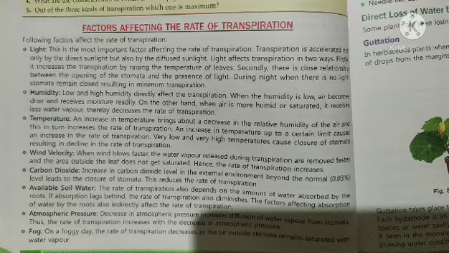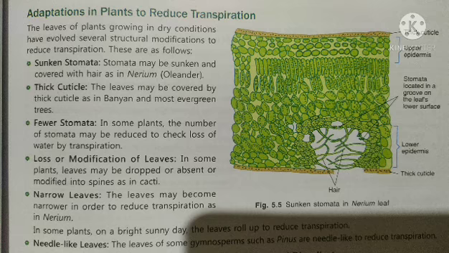Next, here we observe the adaptations in plants to reduce transpiration. So first, if the leaves have sunken stomata or the stomata are covered with hair, then also the transpiration will be less. Then if the leaves have a thick cuticle on them, then obviously the transpiration will be less.